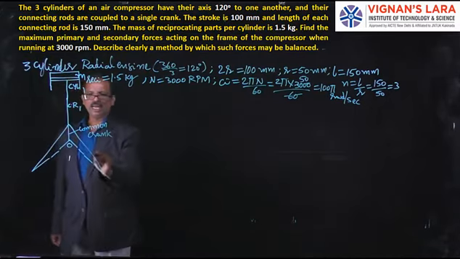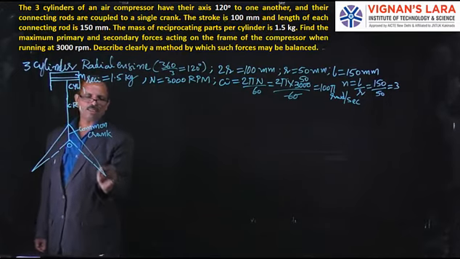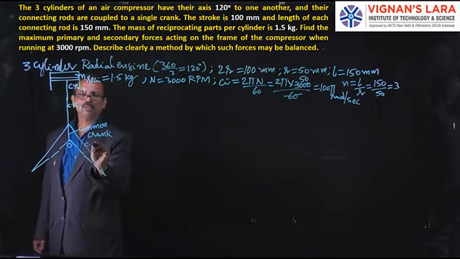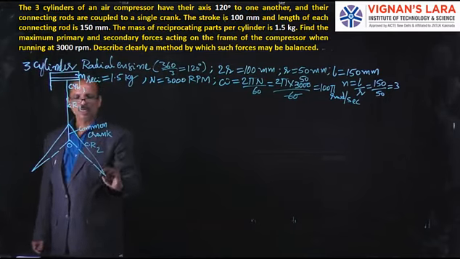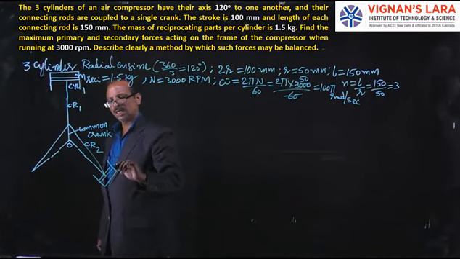This is the line of stroke for 1, and this is the line of stroke for 2. This is connecting rod 2, and here you have another cylinder and another piston.